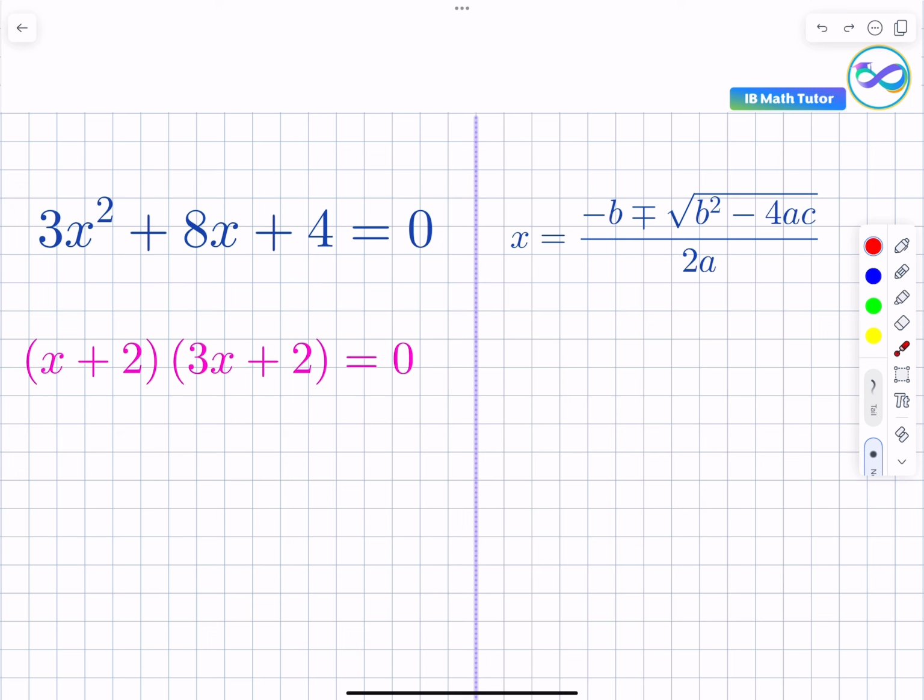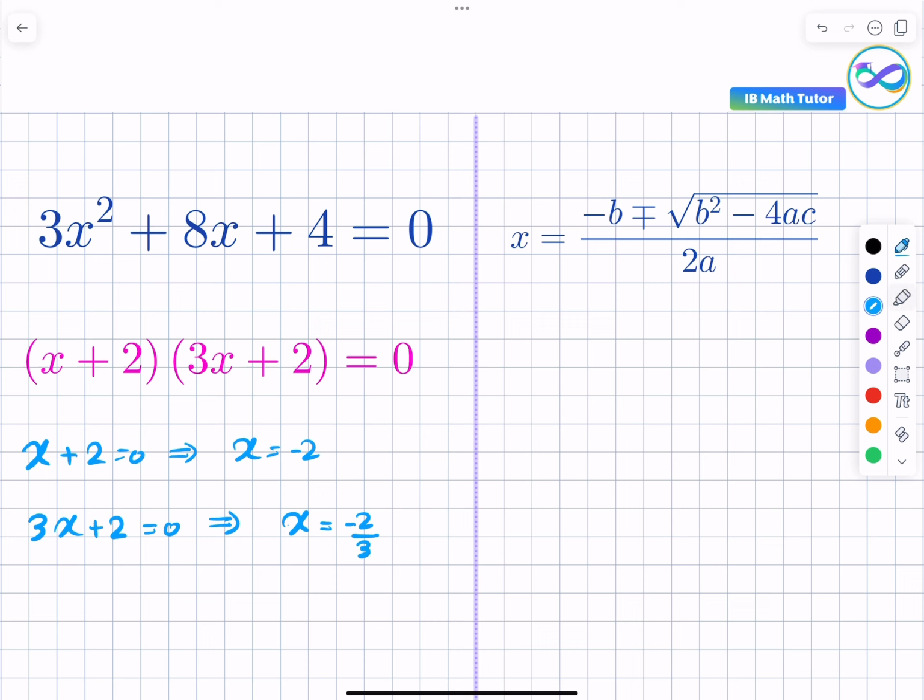And if we solve this equation, we would say either x plus 2 is 0, then x would be negative 2, or the second one here is 0. So in this case, if we solve for x, it would be negative 2 divided by 3.